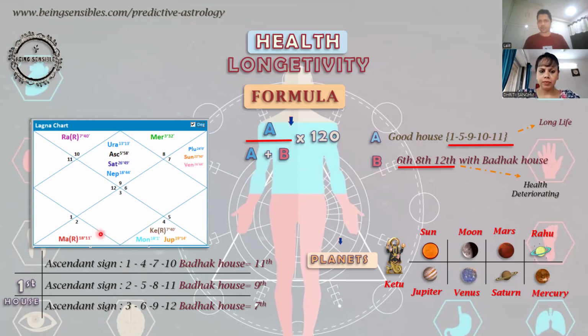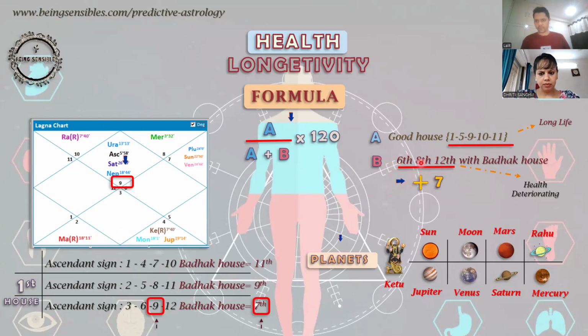Taking this chart to start with, what sign is here? Sagittarius, 9. As we can see, this ascendant 9 is in which house? The seventh house has to be added. Not to add it, just calculate it.